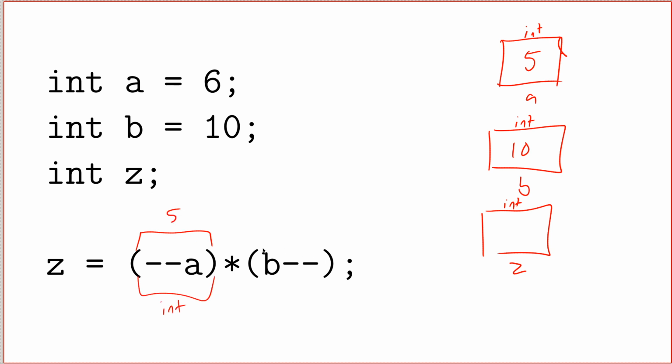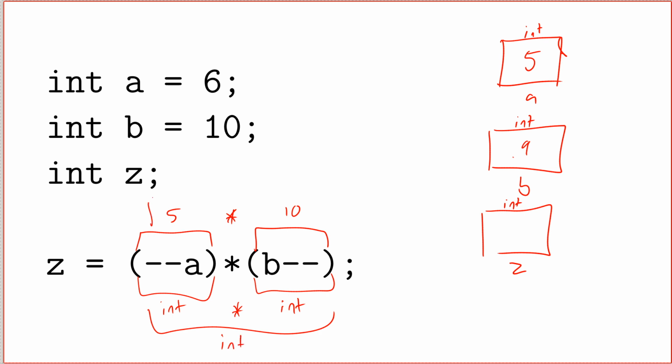And this is the post-decrement. Subtract 1 from B, but send back the old value of B. So B will change to 9, but the old value was 10. And so it's also an int. And so we end up with 5 times 10, and that's int times int, which is an int. And 5 times 10 is 50. And so Z gets the value 50.